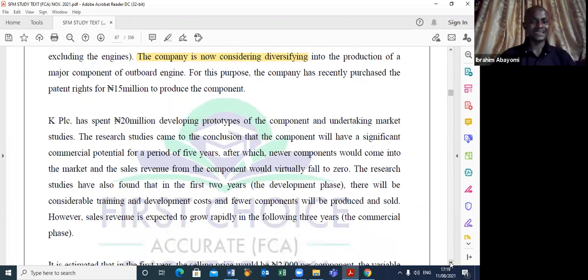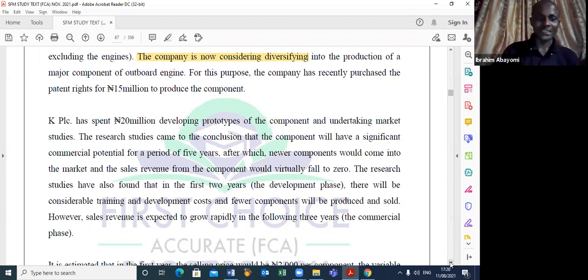KPSC has spent 20 million developing prototypes of the component and undertaking market studies. The research studies came to the conclusion that the component will have significant commercial potential for a period of 5 years, after which a newer component will come into the market and the sales revenue from the component will virtually fall to zero.